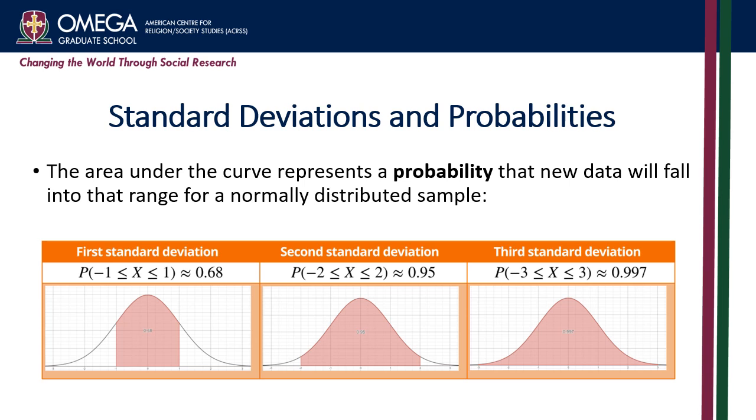But if we move out to the extremes and include those as well, now we have a 99% accuracy, almost 100% probability that any new data we introduce to the data set is going to fall within that range. And that's assuming that our data are normally distributed, but it does give us the ability to predict with some level of accuracy where data are going to fall based on standard deviations.